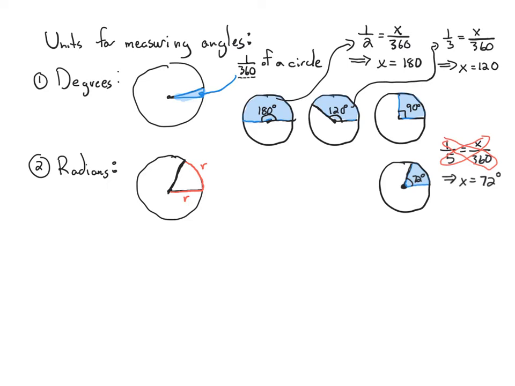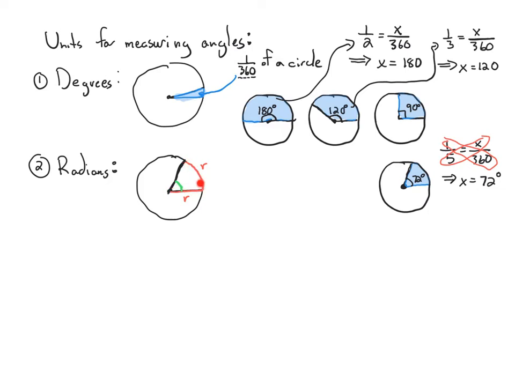So that's why we picked, it's just a choice, 360 as the denominator for what a degree is. A radian we're not going to get into too much, but I should explain what it is. A radian is the angle here when you have a circle with radius, let's say r. When you go up and you measure, this is called the length of the arc of the circle, until you get the same measurement as the radius.